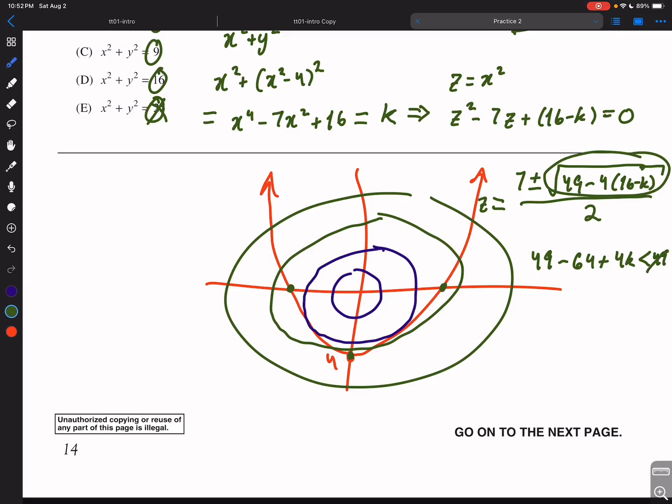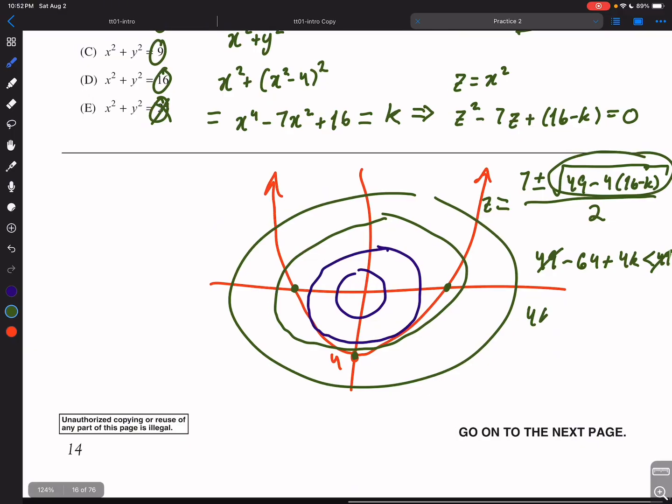We could just cancel out the 49s. Not only do I want this to be less than 49, but I also want it to be greater than 0. But in any case, rather than write that out, I want 4k less than 64, which is to say I want k less than 16.